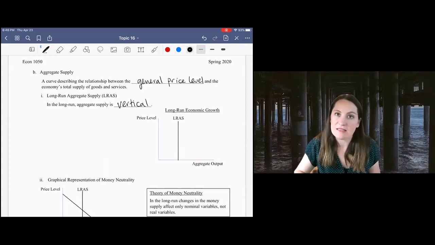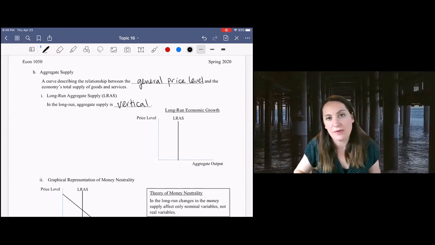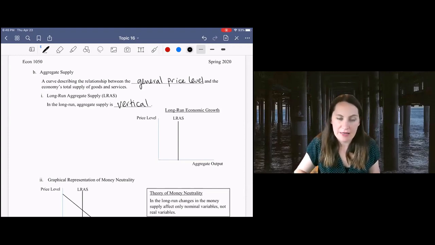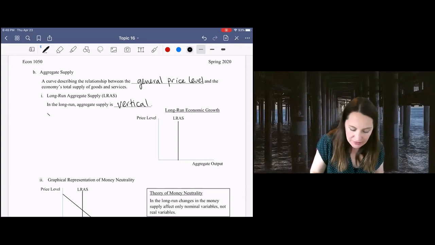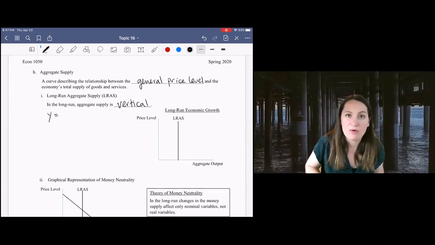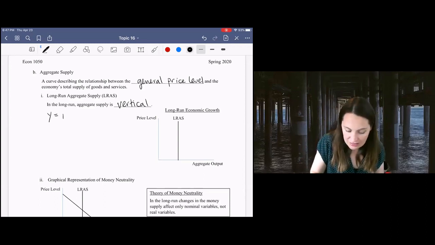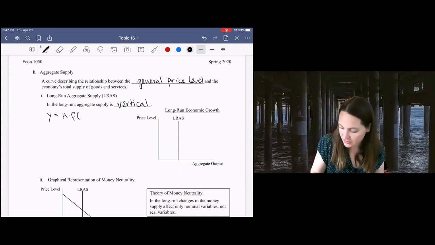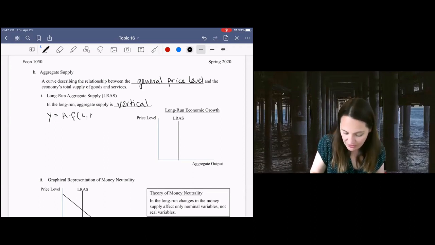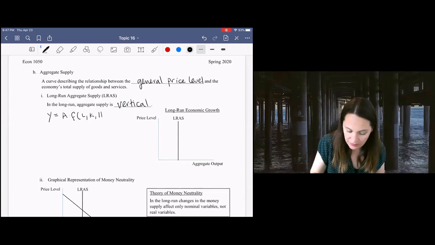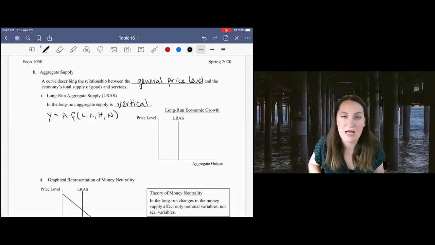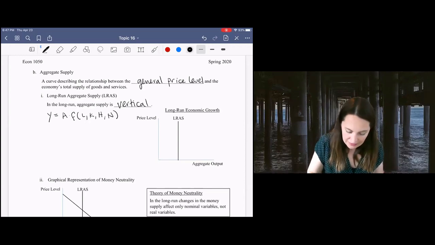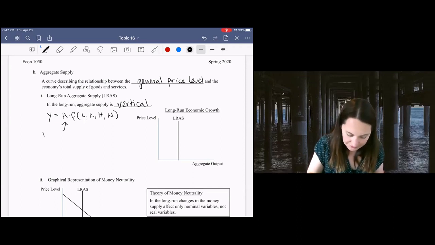So to see why this is, let's start to think about what aggregate supply is determined by. Remember, we talked about this already. Production in a country is a function of inputs like labor, capital, human capital, and natural capital, and technology, efficiency, and productivity of those inputs, right?